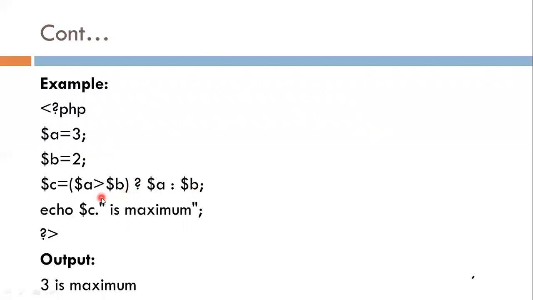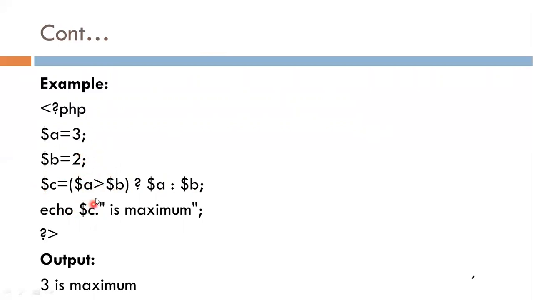Okay. Now the output of this operator is stored in another variable $c. After that, the value stored in $c is printed using the echo statement. So the program works like this.